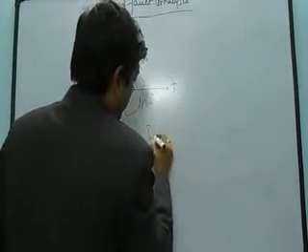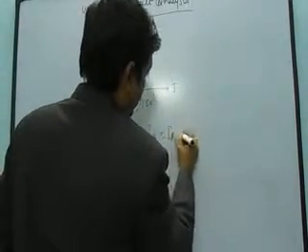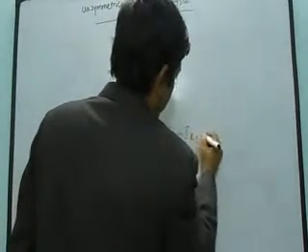Now ultimately IR is equal to IR1 plus IR2 plus IR0.